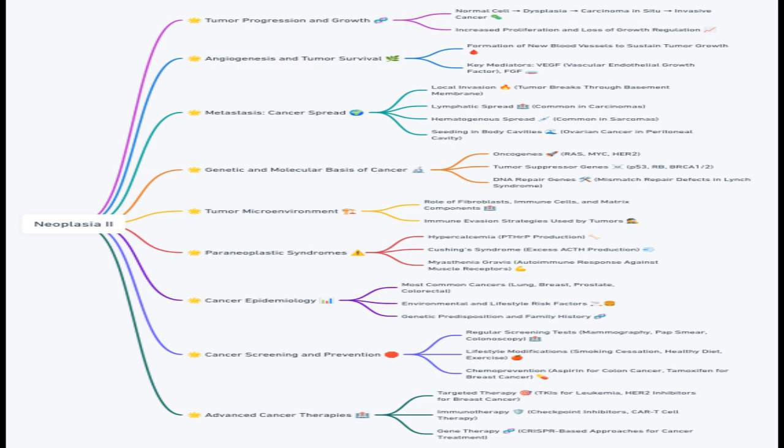And with the management, we have surgical resection, colectomy for localized disease, and chemotherapy, FOLFOX or FOLFIRI for advanced metastatic disease, and targeted therapy, EGFR inhibitors, VEGF inhibitors based on molecular profiling, and also immunotherapy, which are checkpoint inhibitors for MSI-H tumors.